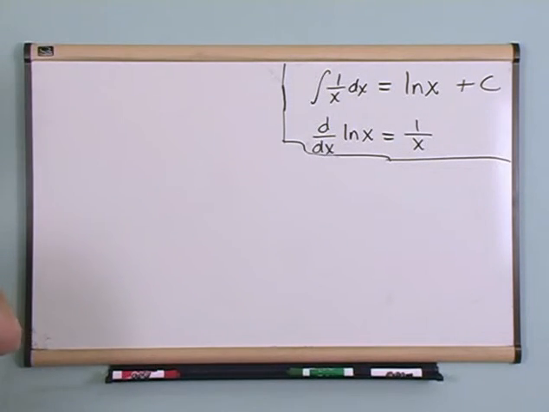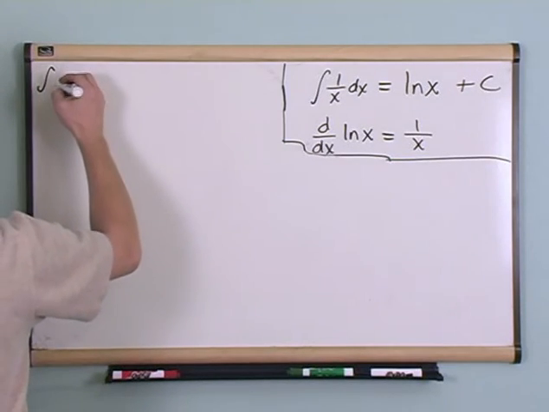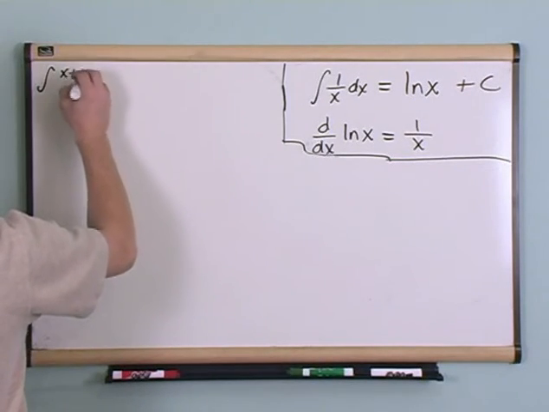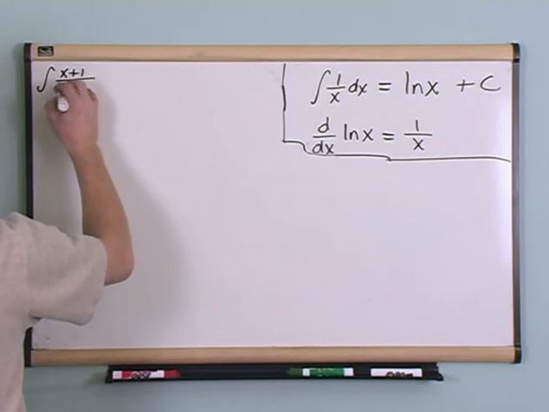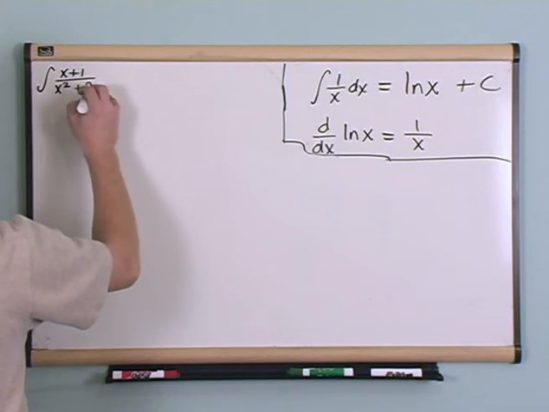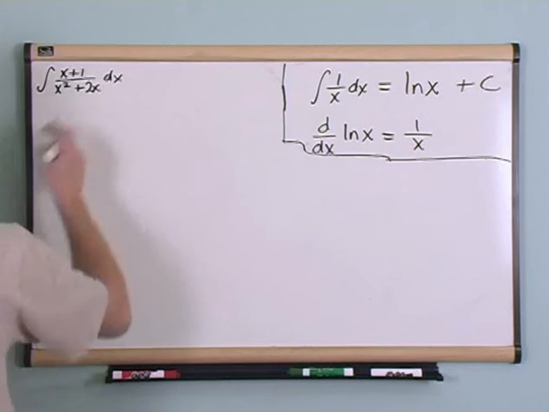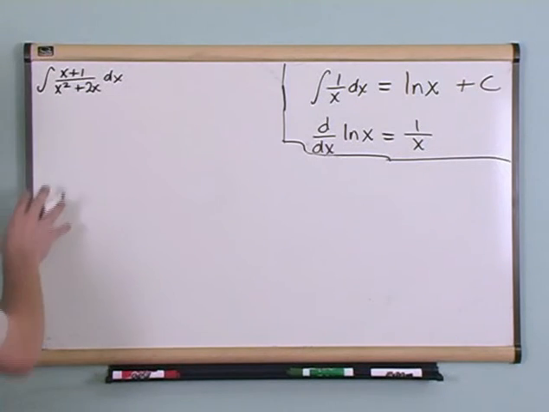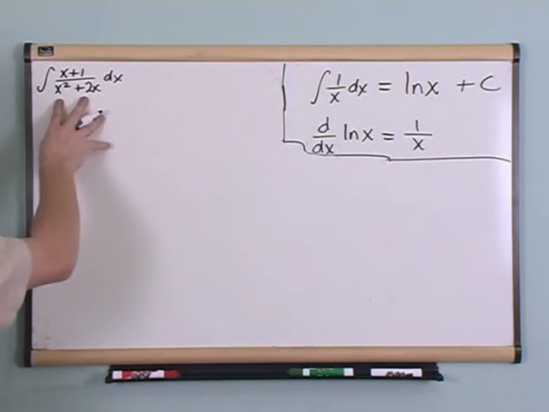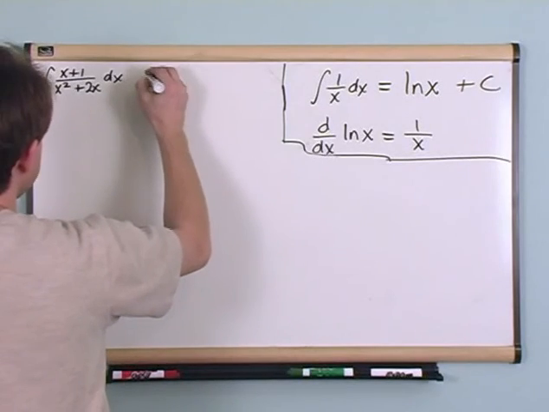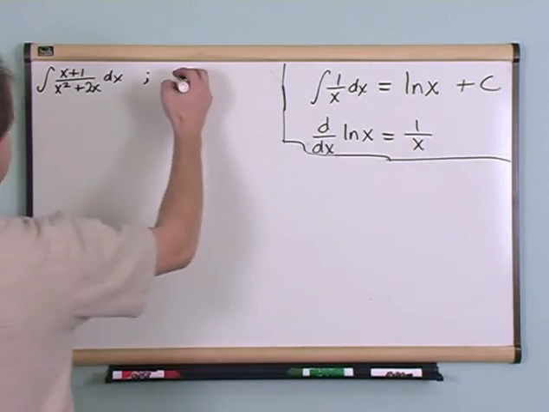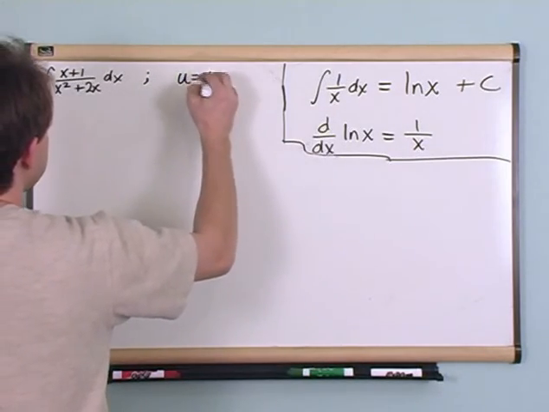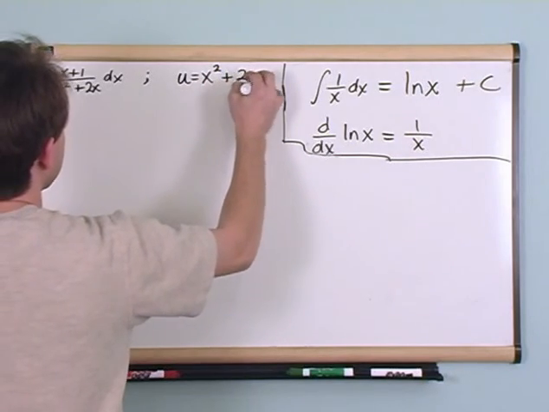Just do a couple more problems, integral problems. What if we have the integral of x plus 1 over x squared plus 2x dx? Okay? Well, first thing that we can do is we can try to use substitution just like we always try to do initially. And so what I'm going to do is I'm going to choose the bottom to be u and just see what happens.